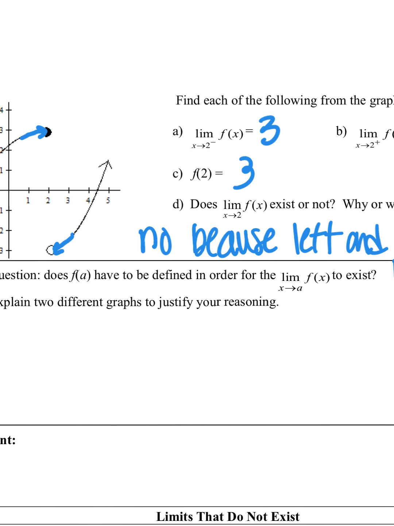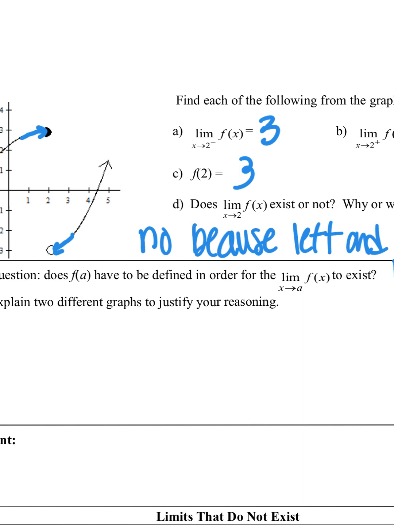Discuss with your table. I described it as no, because when you're saying the limit of x, or is it trying to, what is it?